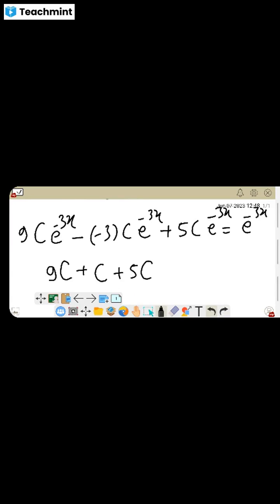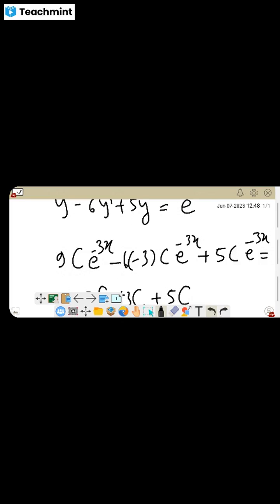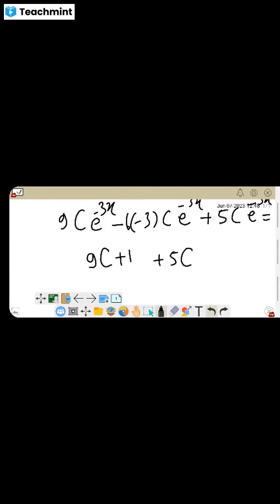So here we have 18c plus 5c, and e to the power minus 3x is equal to e to the power minus 3x.